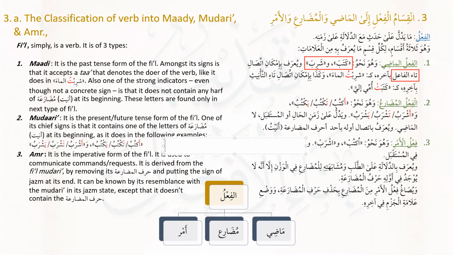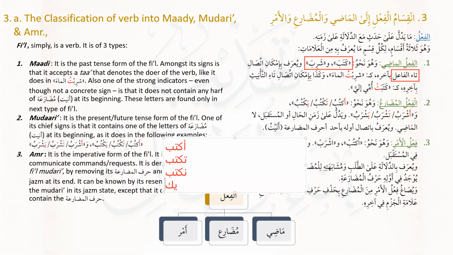So if you find a hamza, مثلا أكتب, or a ta تكتب, or a nun نكتب, or a ya يكتب at the beginning of the فعل, then this cannot be a فعل ماضي.